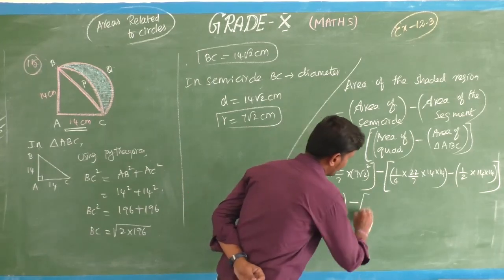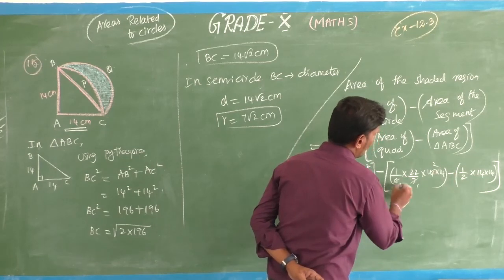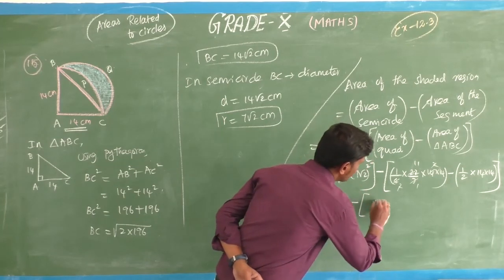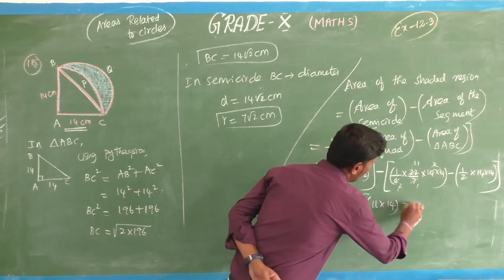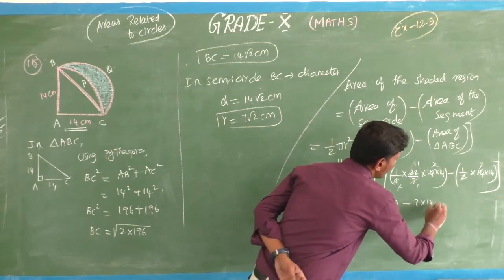Minus, here, the remaining is 11 into 14, minus 7 into 14.